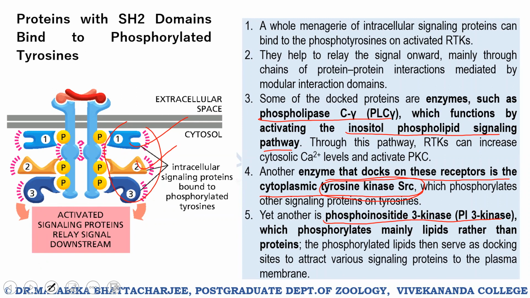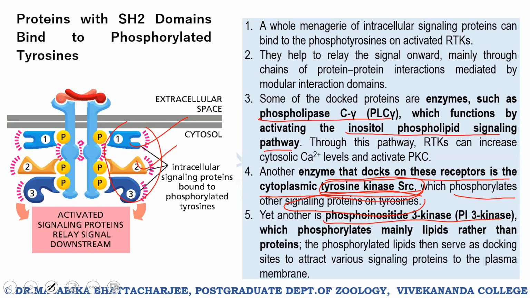Keep it in mind that whenever some enzyme is docking here, for example, when we are having the docking of SRC tyrosine kinases, it phosphorylates signaling proteins on tyrosine residues. It goes on phosphorylating further signaling molecules on tyrosine residues.